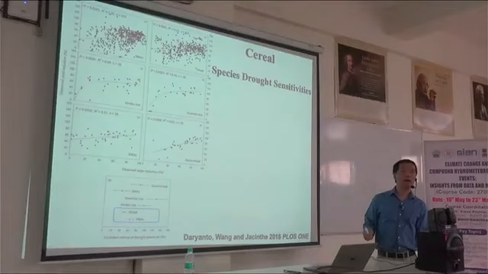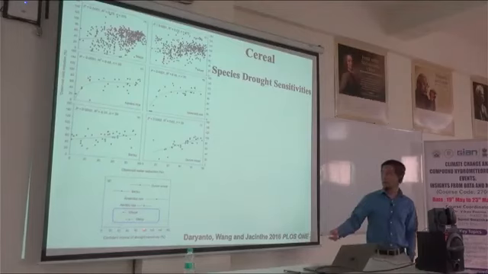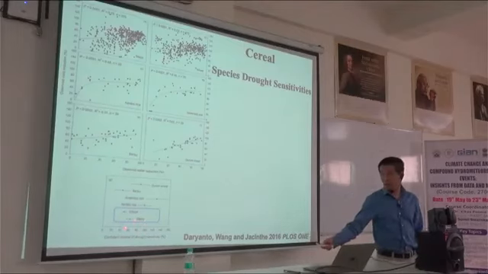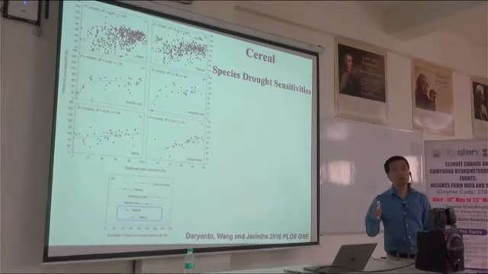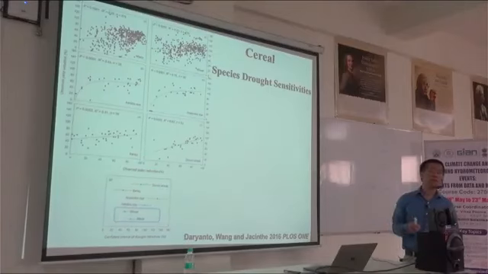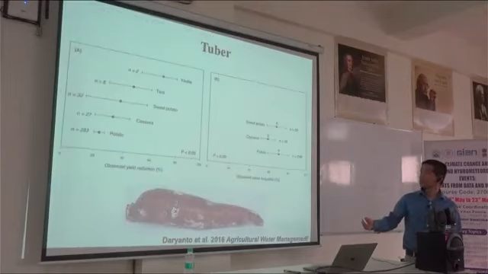So basically what it tells us is that water use efficiency and drought resistance, or drought tolerance, are not the same thing. Even if some crops are water use efficient, they could be very sensitive to drought conditions. That kind of thing is counterintuitive, but sometimes it only emerges if you use a very large data set.